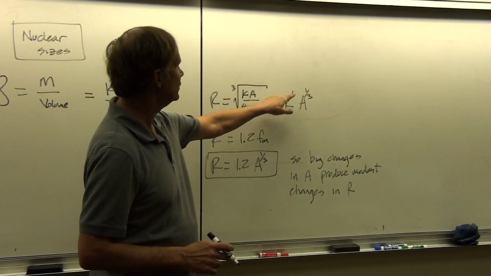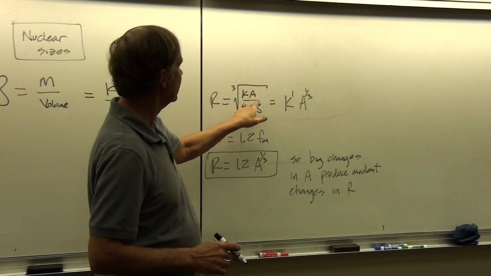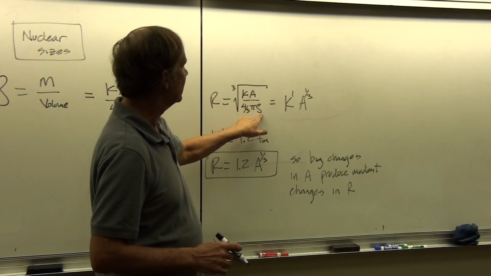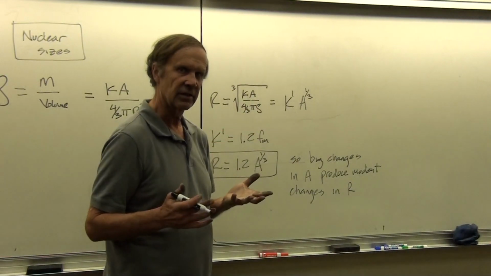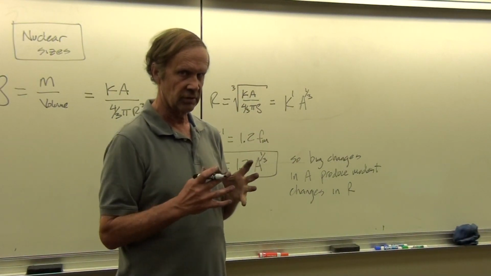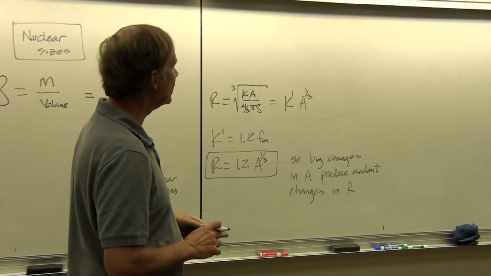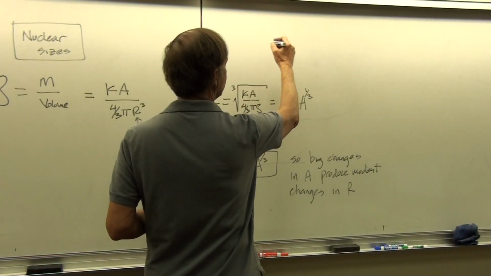But that's just some other constant. I'll call it k prime here. It's equal to mu divided by 4/3 pi times the nuclear density, which is, as I said, roughly the same for most nuclei, times the atomic mass number to the 1/3 power.